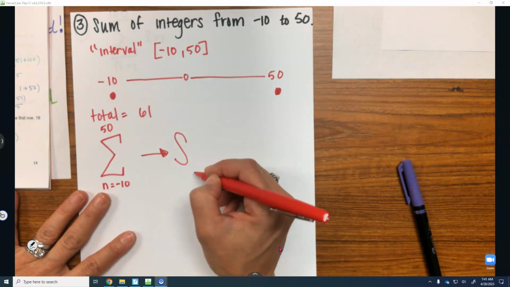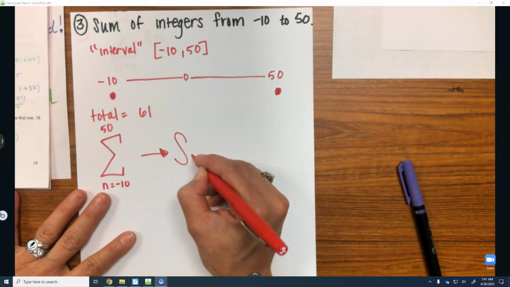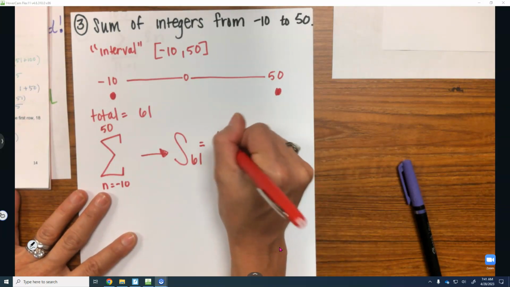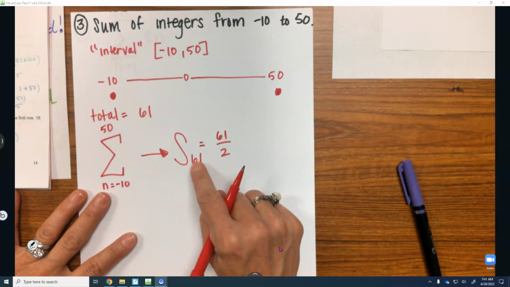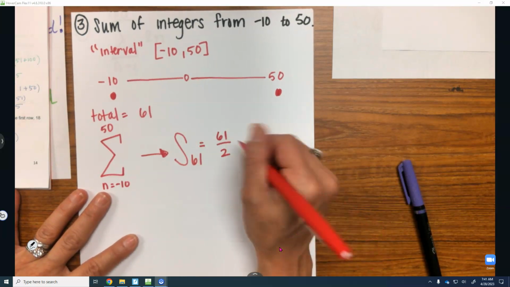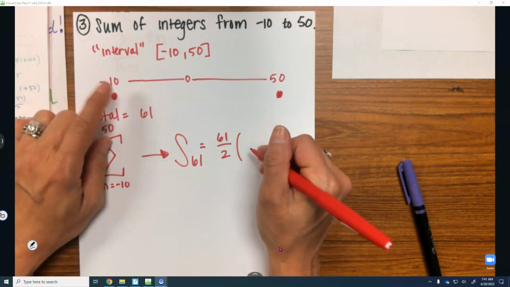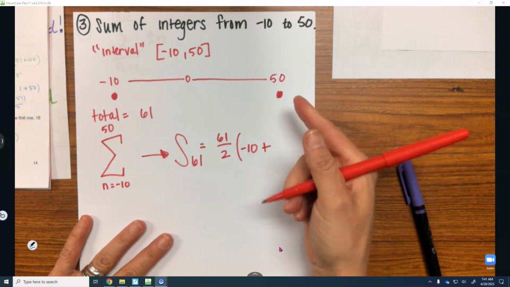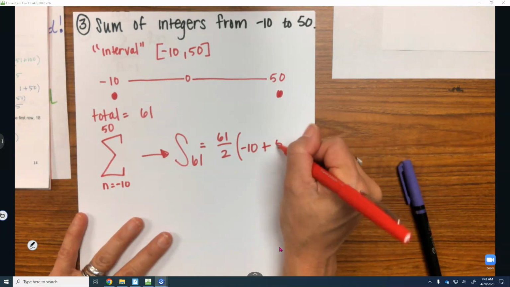Partial sum, remember, is the formula in red. Remember, there's a total of 61 terms. Once you write that subscript, you write that in the numerator. It's always the same. And remember, it is the first term of -10 plus the last term of 50.